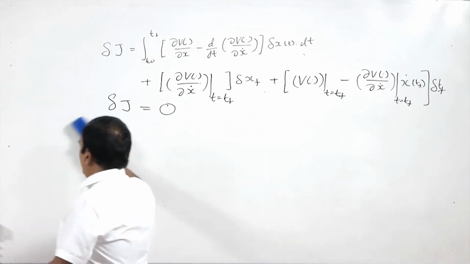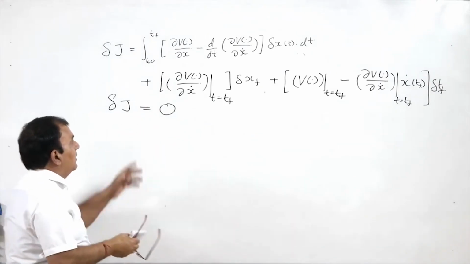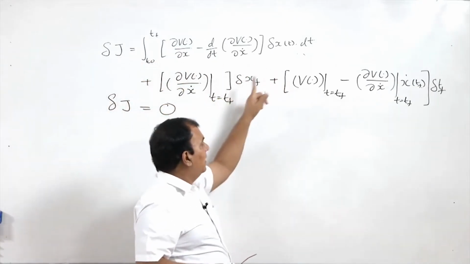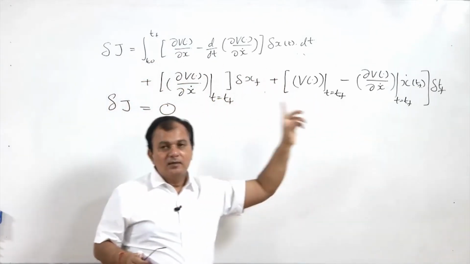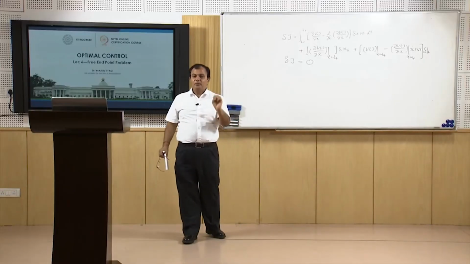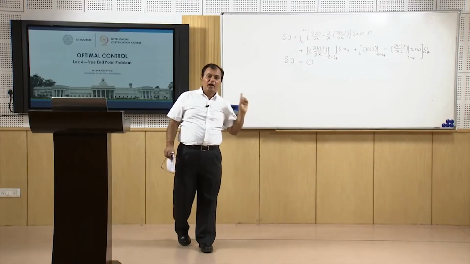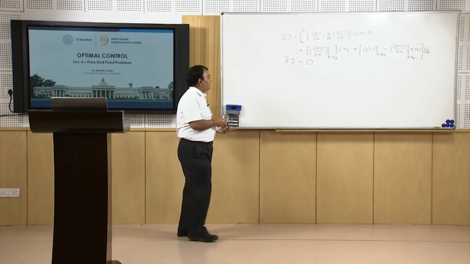So, equating this to 0 means what? My integral term as well as the boundary condition, they all must be separately equal to 0 due to my fundamental lemma, as we have discussed in the previous lectures.